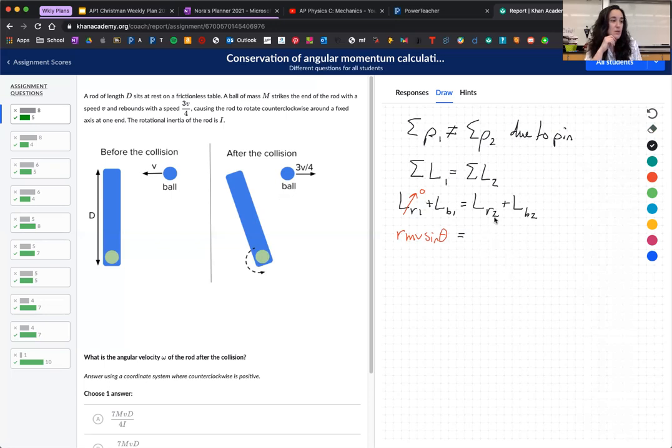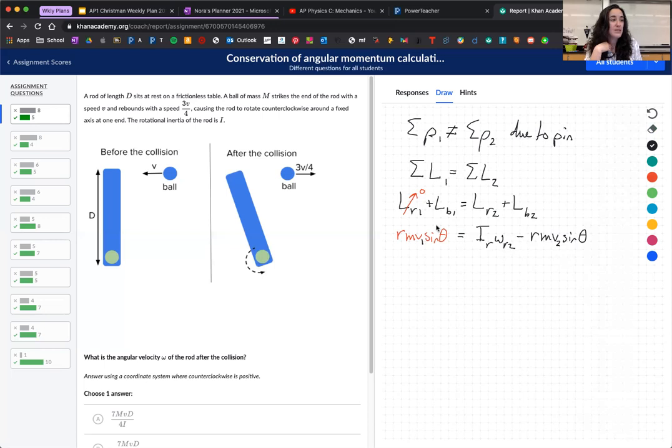So this actually becomes I rod omega rod final minus R m v sine theta for after. Now a couple things here, because right now these look the same. This is before and this is after. So this is v1 and this is v2.